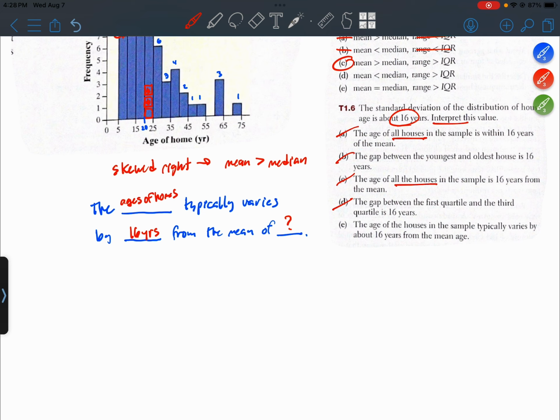Hey, that's almost a perfect match for what we've written here. We have the context, age of the houses. We have this unique phrase, typically varies by. We've got 16 years, which is the value of the standard deviation, and then it mentions the mean. So choice E it is.